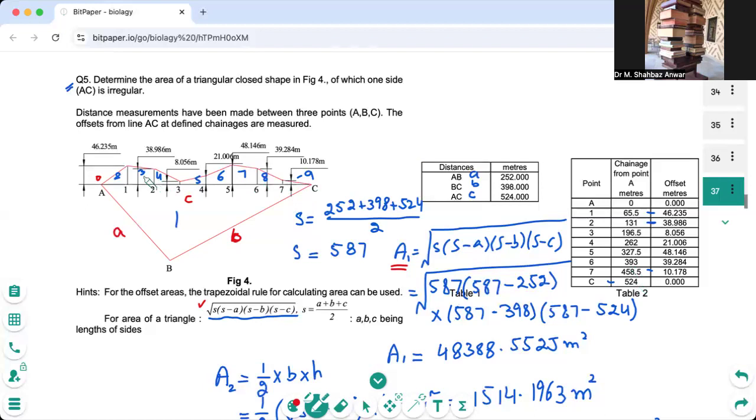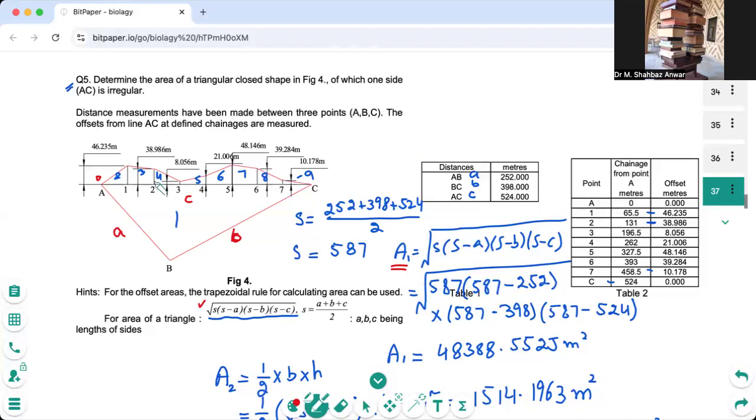Now for structures 3 to 8, the trapezia, we can use the formula to calculate the area of a trapezium. You are going to calculate the average height of these two parallel sides, meaning you add the height at point 1 to the height at point 2, then divide it by 2.